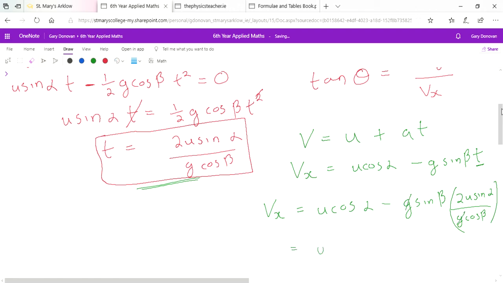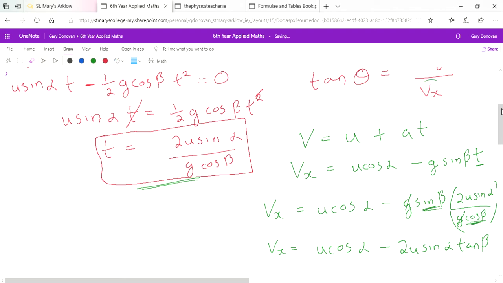We could simplify this further by writing u cos alpha minus 2u sine alpha, and sine beta divided by cos beta we can change to a tan, to give us tan beta. And that's all we can do with that equation so far.